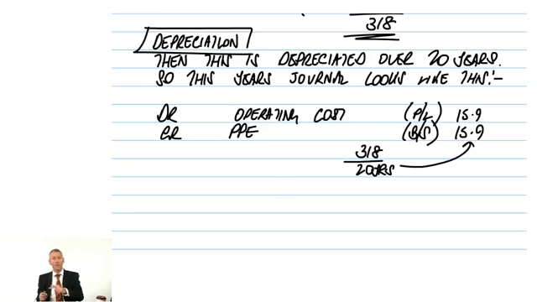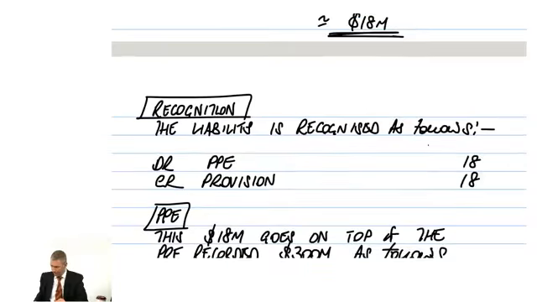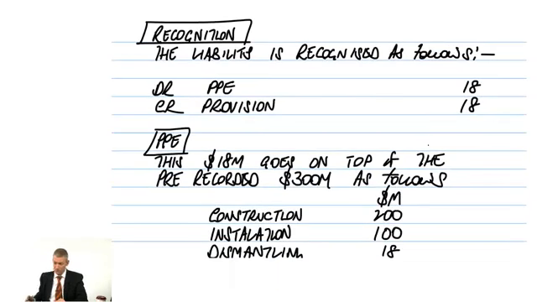Oh, but wait a second. There were 2 18s in our question. The first 18 is up here, and that 18 is depreciated. But the other 18 is here. And that 18 is the provision. It represents the obligation to pay 120 million in 20 years' time.